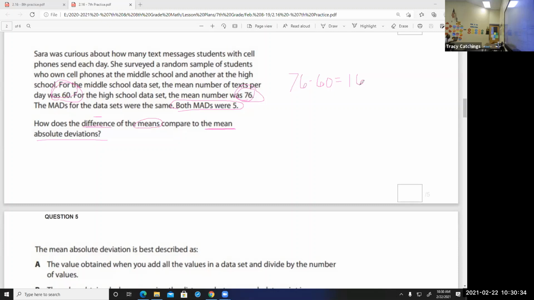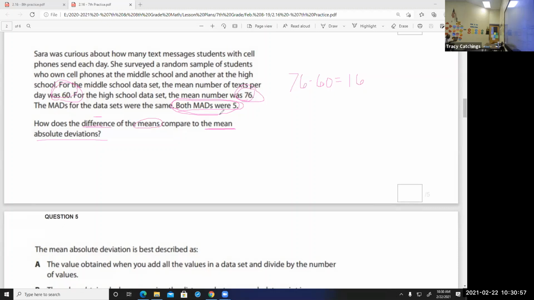Because their mean is 76 and the mean of middle school is 60. Good job. So that's one thing we know. The high schoolers text more, but what does this MAD tell us? Both of them have an MAD of 5. What do we say MAD tell us?